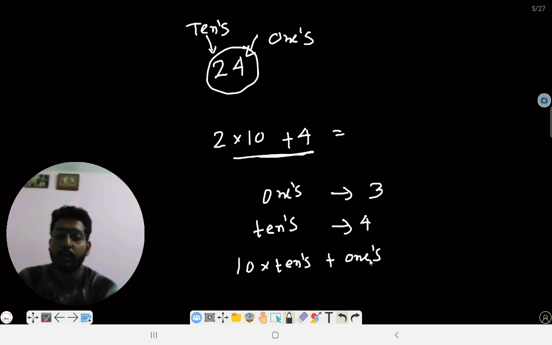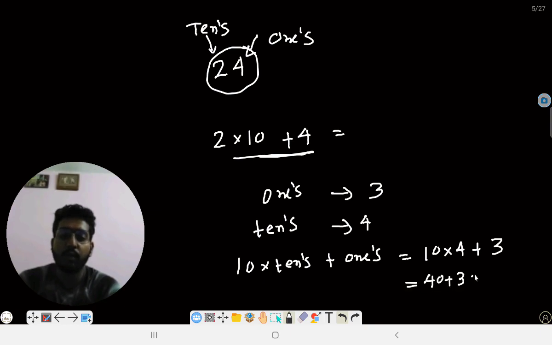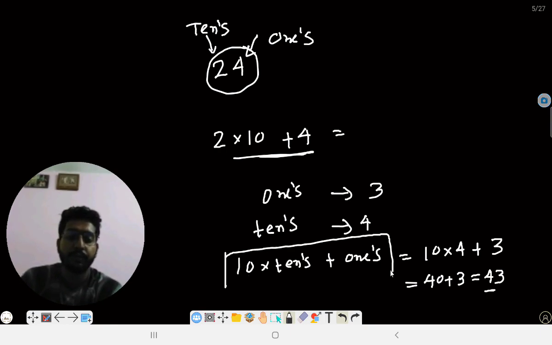So 10 into tens digit, which is 4, plus ones digit, which is 3. So that will be 40 plus 3, that means 43. So that will be the number. This is the way to form a number. The formula is 10 into tens digit plus ones digit.